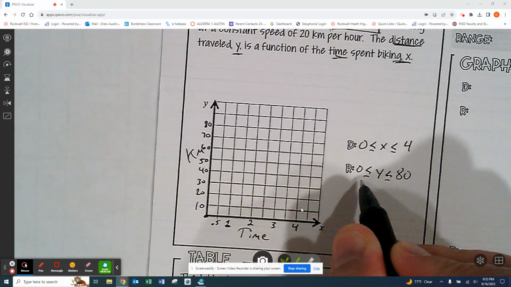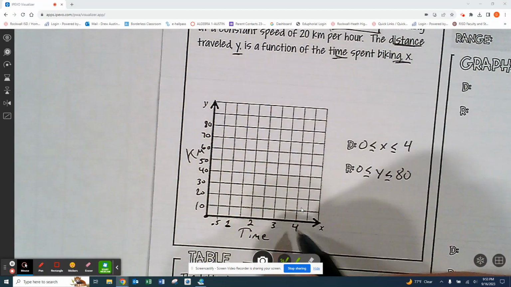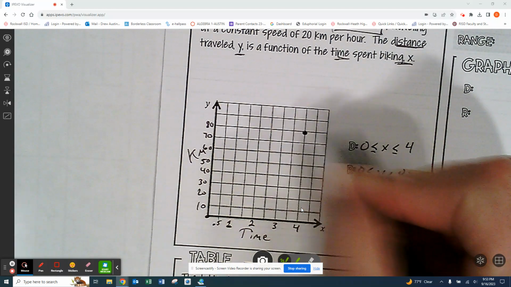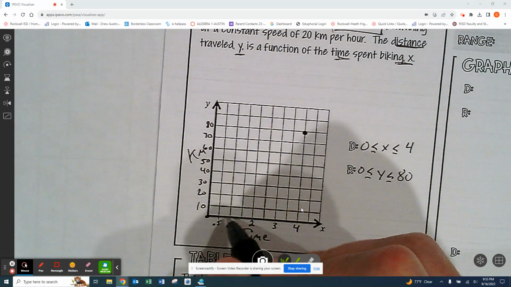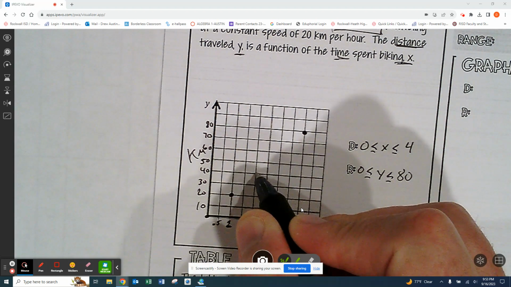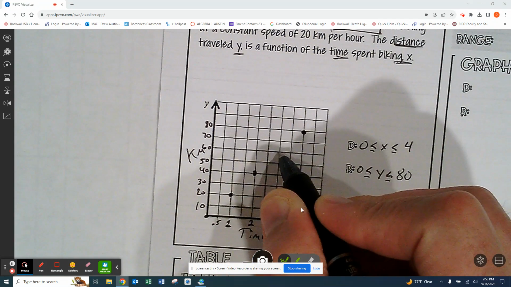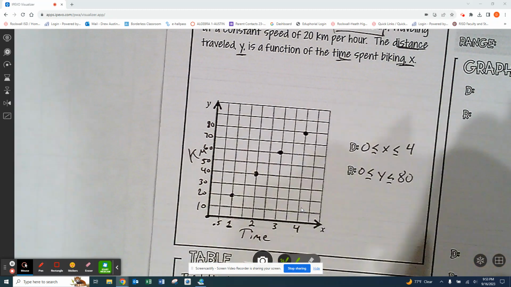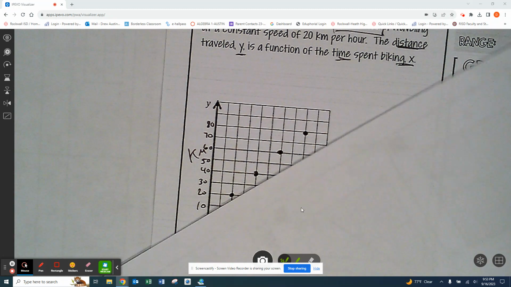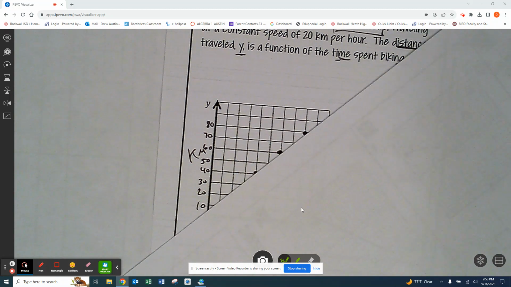I start at 0, 0. I end at 4 hours and 80 kilometers. And every 1 hour, I would travel 20 kilometers. So 1 hour, 2 hours, 3 hours, and 60. And because this is continuous, I'd actually connect these.